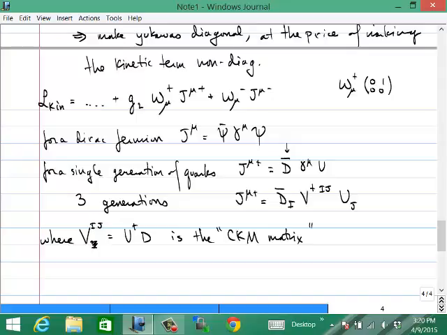But what is the important point here? The important point here is that this matrix describes couplings between the different generations of quarks. And in particular, V is a 3x3 complex matrix.